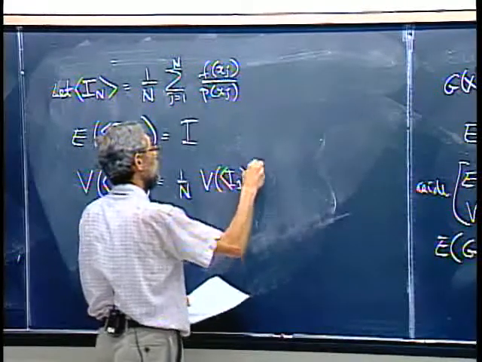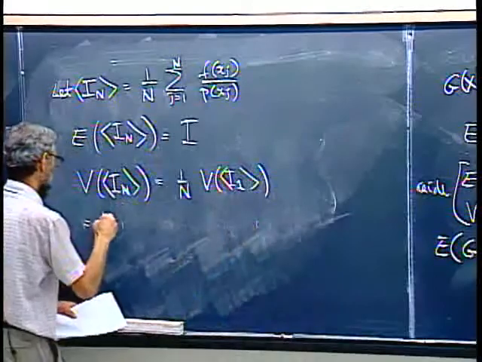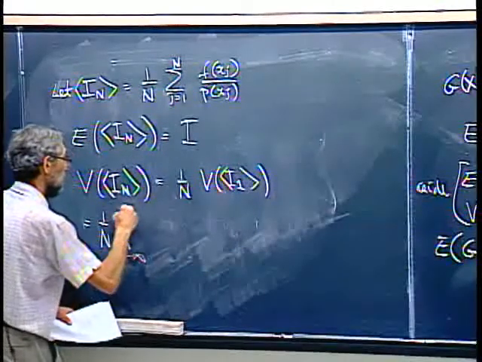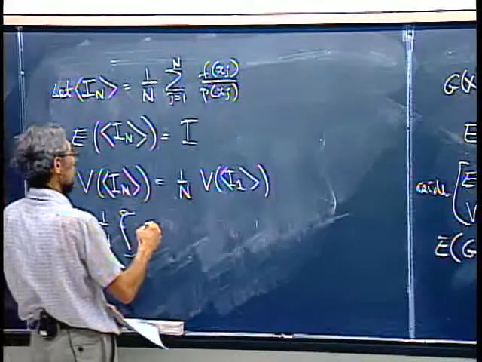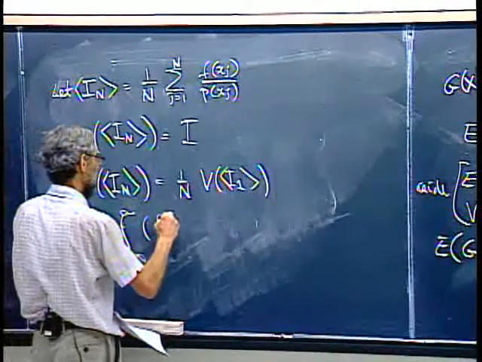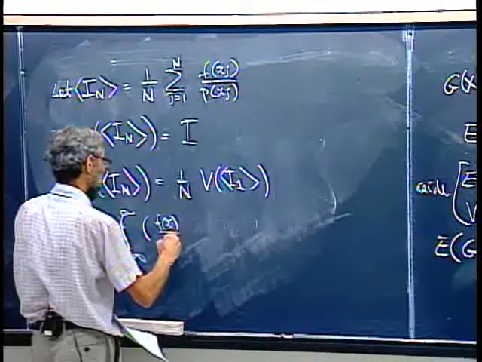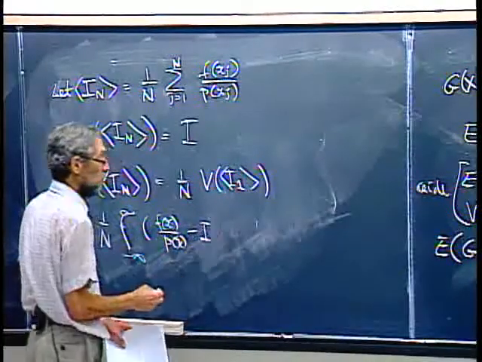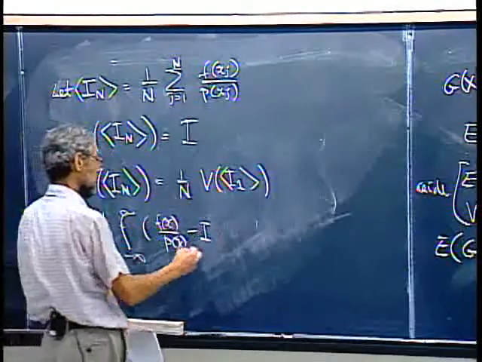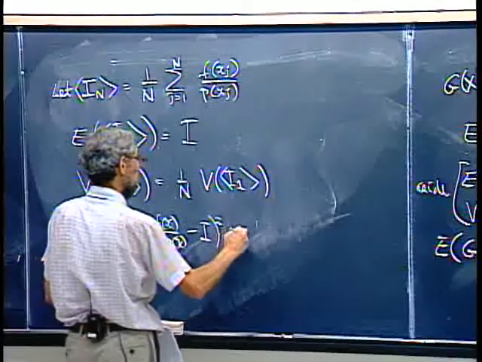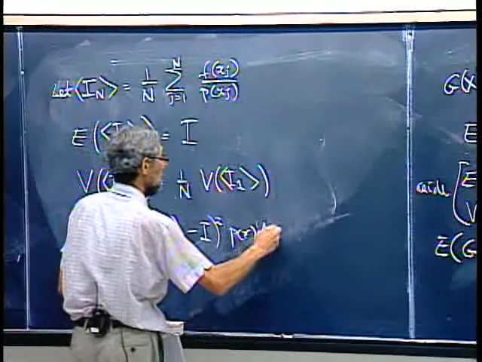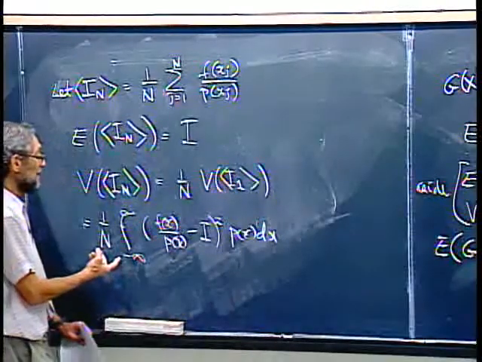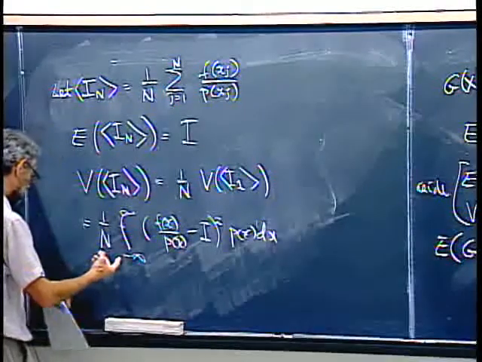I probably should have computed that, but that's 1 over n times the integral from minus infinity to infinity of f of x over p of x minus the true integral, which is the expected value, squared times p of x dx. Right? That's what this one of the things was. And so the same thing is true that I had the last time.